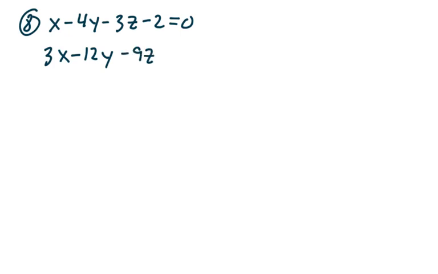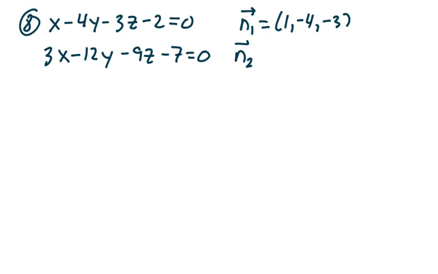Suppose x minus 4y minus 3z minus 2 equals 0. And then we have 3x minus 12y minus 9z minus 7 equals 0. Now, n1 is the vector (1, -4, -3). n2 is the vector (3, -12, -9).